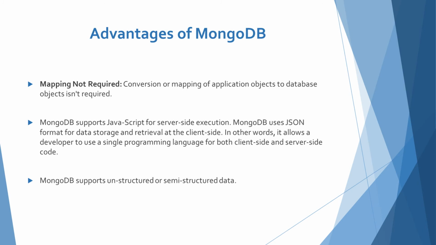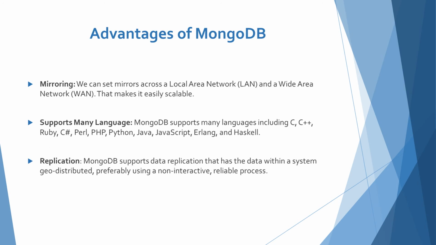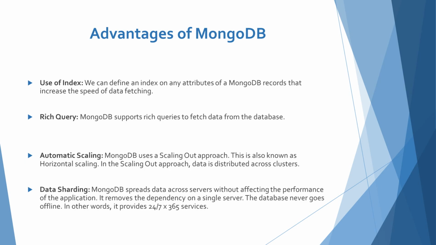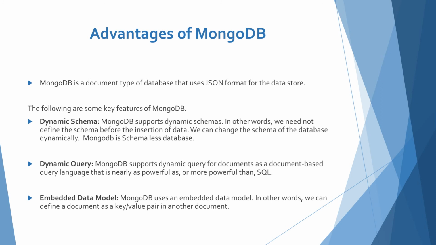So we have seen almost all the features: high performance, high availability, auto sharding, auto scalable, horizontal scalable. Indexing feature is there. Dynamic schemaless also. The embedded data model is there; instead of joins, we can use the embedded data model.